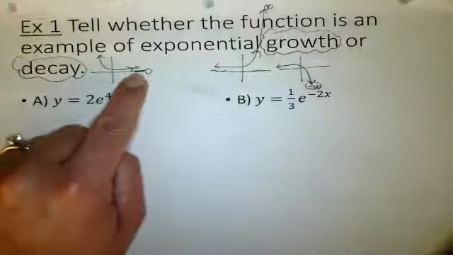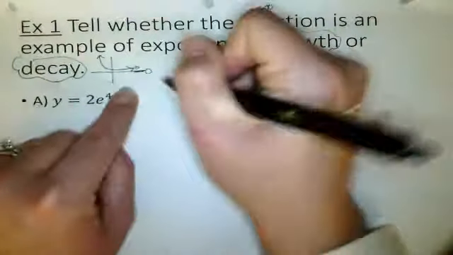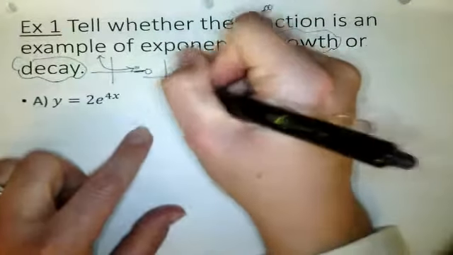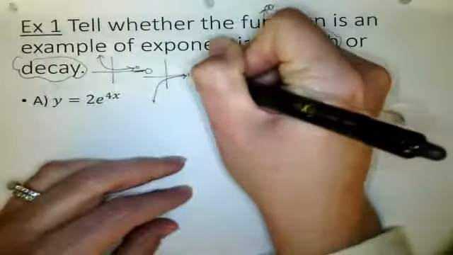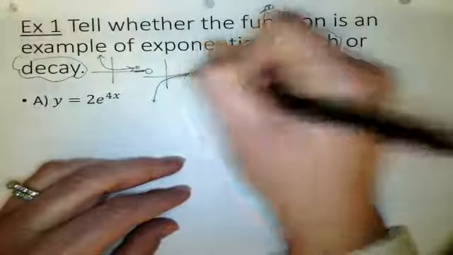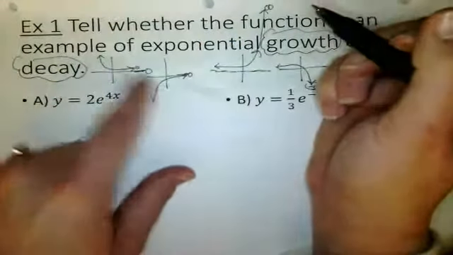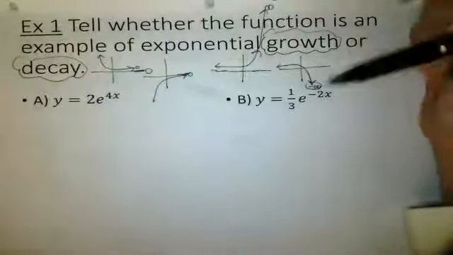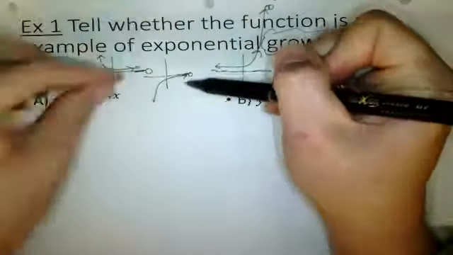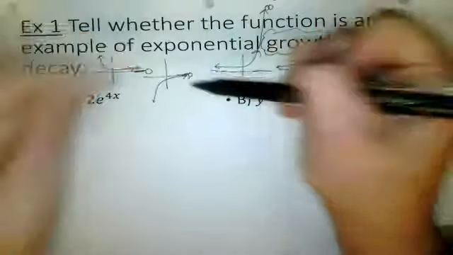And again, there's actually another shape as well, which is this. And that's approaching from underneath. We're still getting closer and closer to that x-axis. So both of these are decay. Decaying to nothing. That's what that means. So we're either growing to positive infinity or negative infinity, or we are decaying to 0.